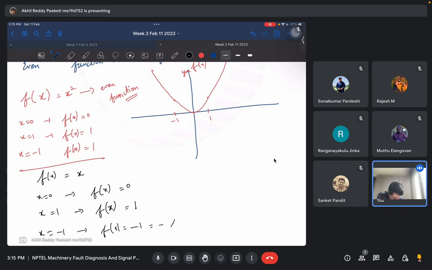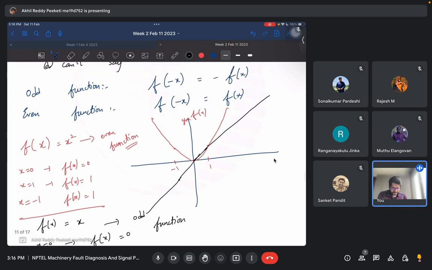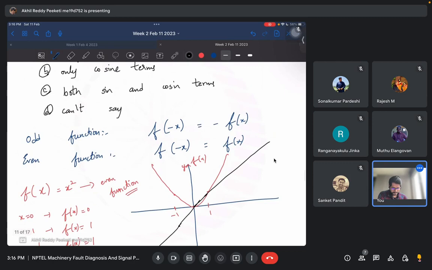So this is minus f of x, right? So this is an odd function. And if you plot this, you would have something like this. Okay. So this is what odd and even function means.